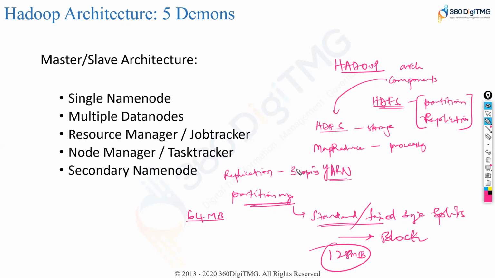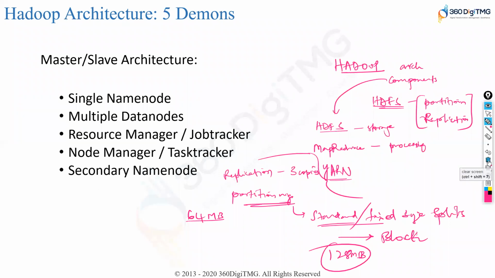Replication factor is 3 by default. We can alter these values with respect to the block size or the replication. We can give that setting. We'll learn where to give those settings, what files we have to edit, when we do the hands-on, when we try to install them.